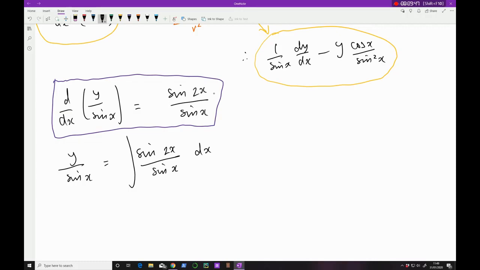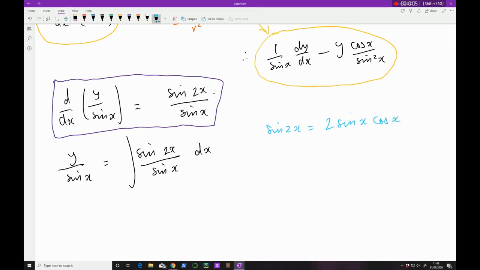Now, I don't know how to integrate this sine 2x over sine x, but what I can do is make a substitution using a trigonometric identity. Sine 2x actually equals 2 sine x cos x.